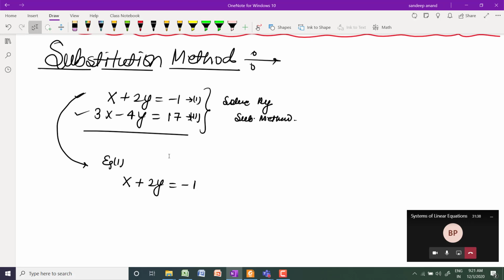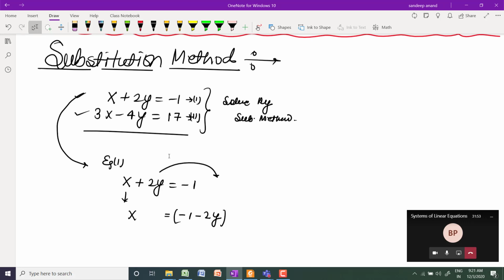Now I find x in terms of y, so I shift the 2y over here. It gives x equal to minus 1 minus 2y.